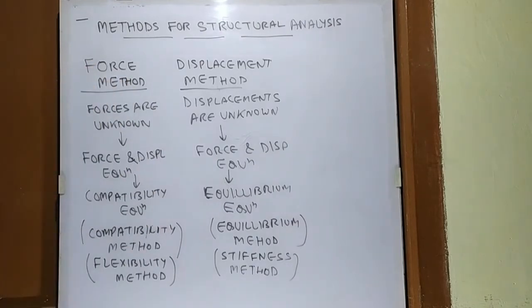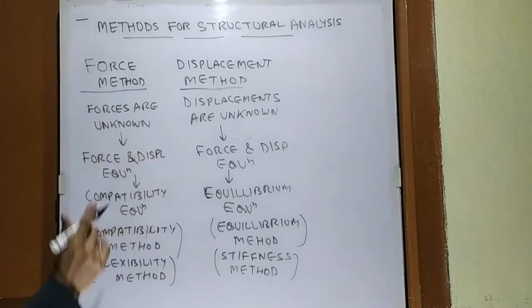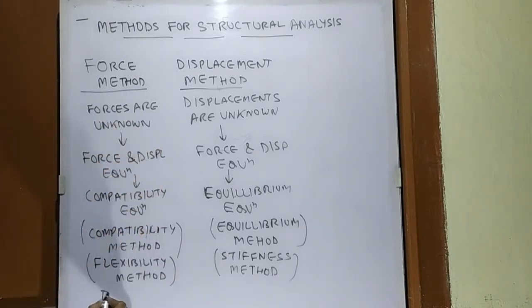Now how we will find these unknown displacements and unknown forces? As in our previous video we have discussed in detail about finding the kinematic indeterminacy and finding the static indeterminacy. So force method we will apply in those questions where the degree of static indeterminacy is less than degree of kinematic indeterminacy. Okay, what does it mean?